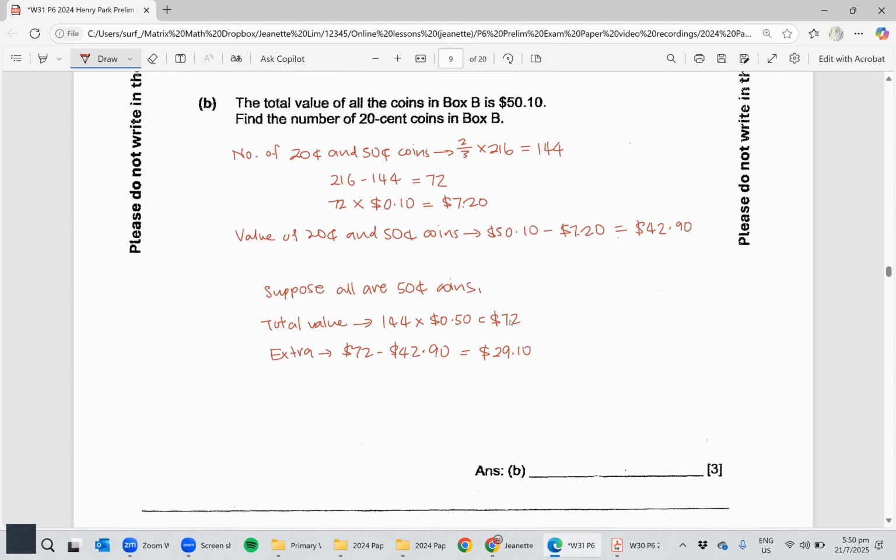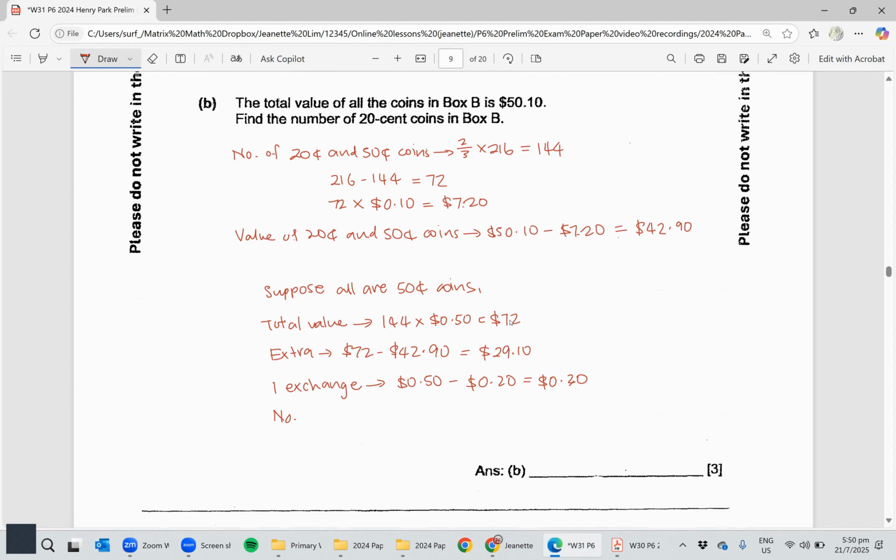Then from here, we look at one exchange because there's too much, we need to exchange. Not all of them are 50-cent coins. So in every exchange, it goes down by 30 cents. Sorry, 30 cents is the amount it decreases by whenever you exchange one time.